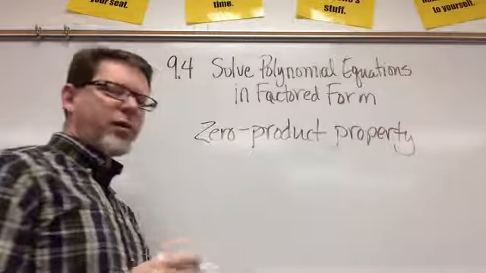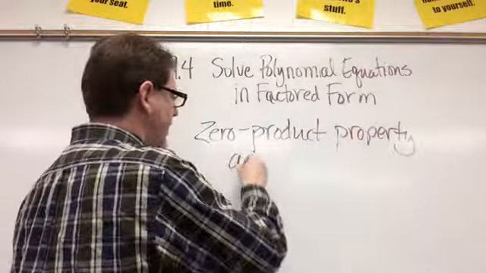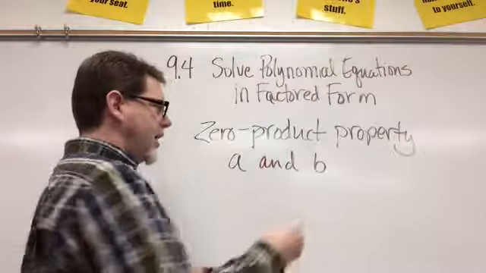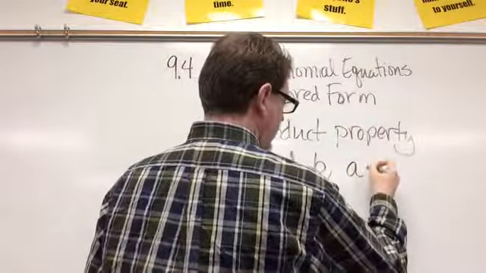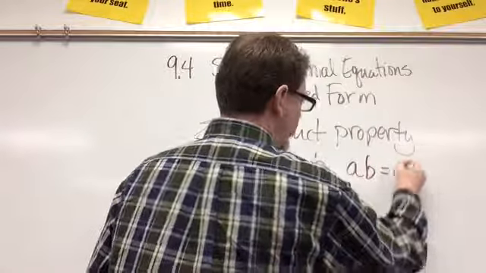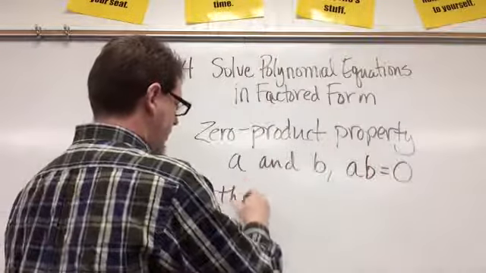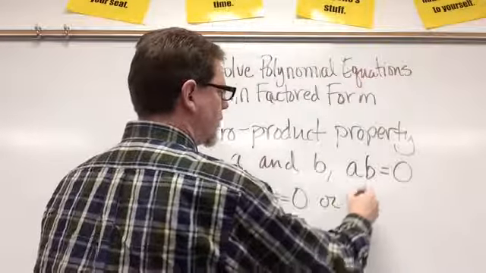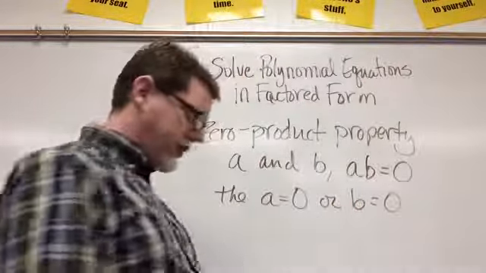The zero product property says that if you have A and B and A times B equals 0, then either A equals 0 or B equals 0.